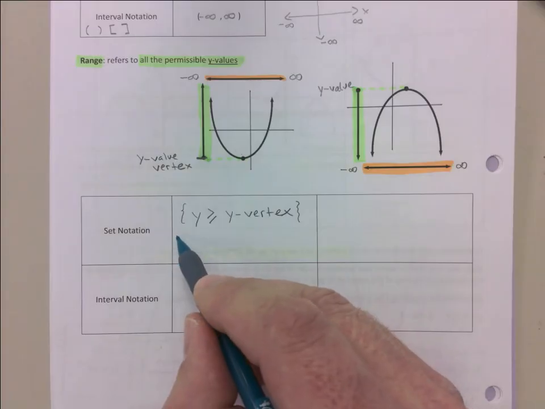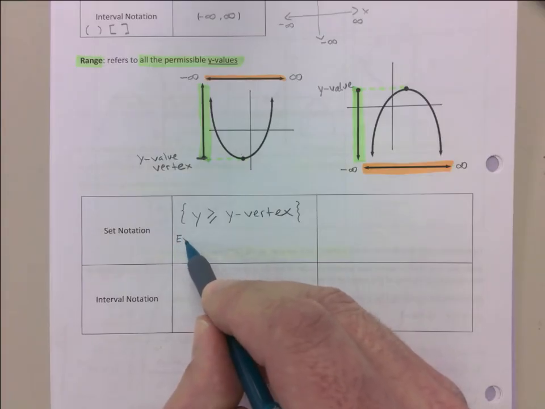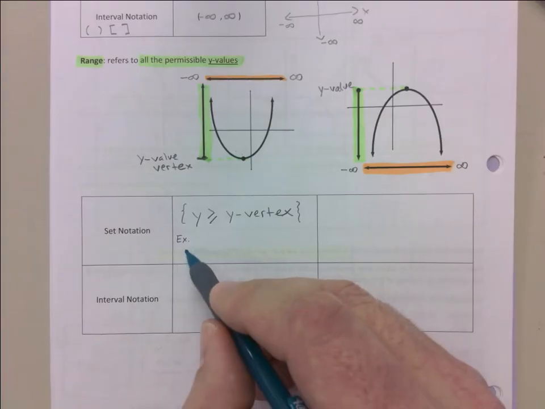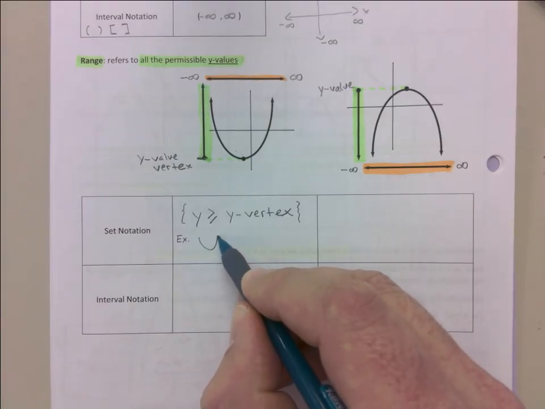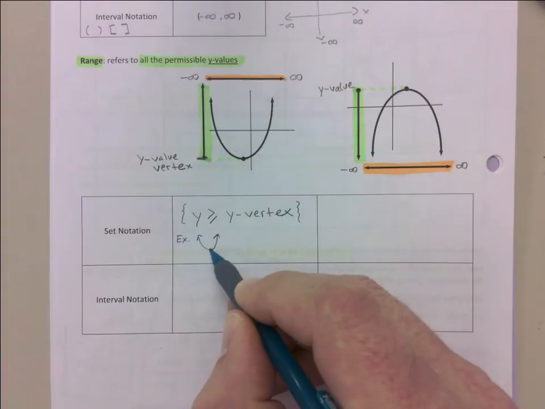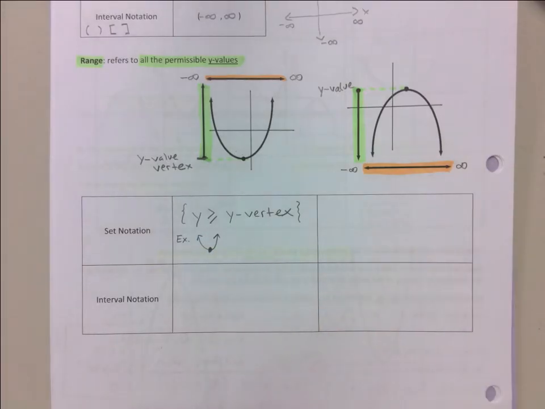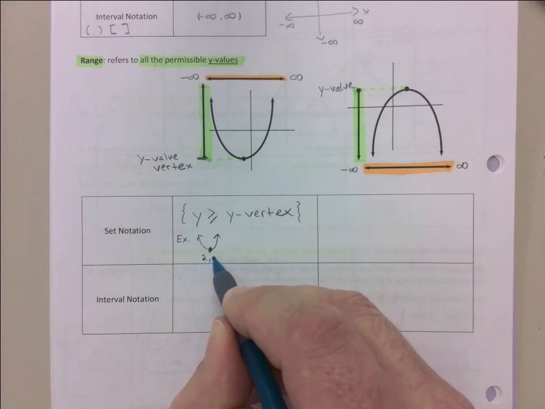Example, I'm going to give you an example right here. Let's say this is pointing up, and the coordinates of the vertex is 2, -3.